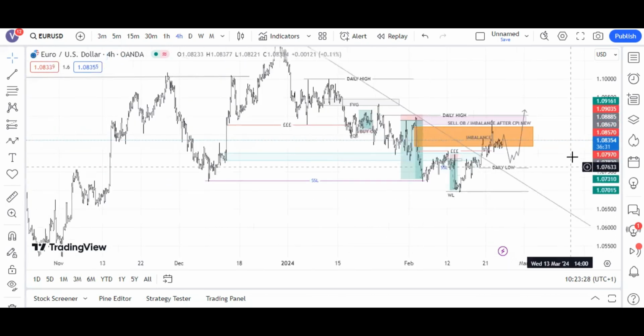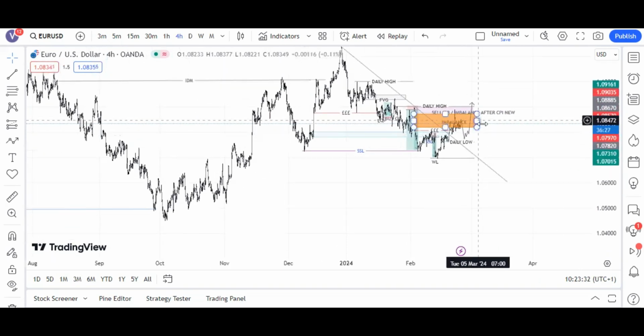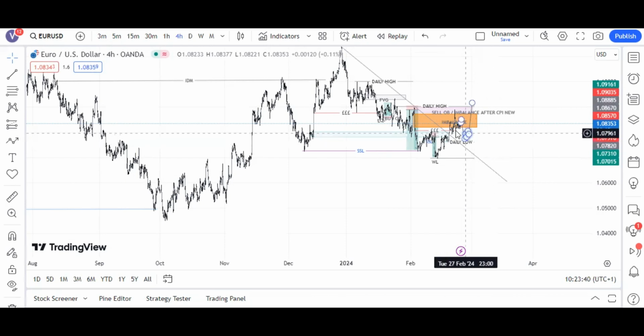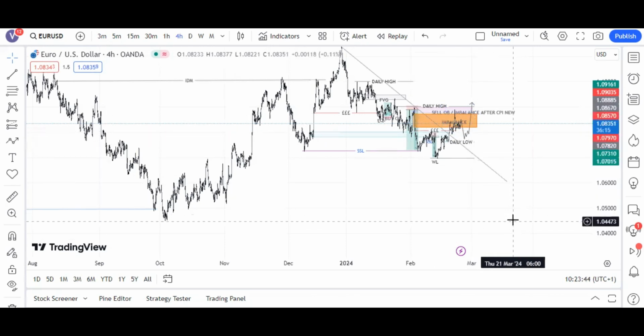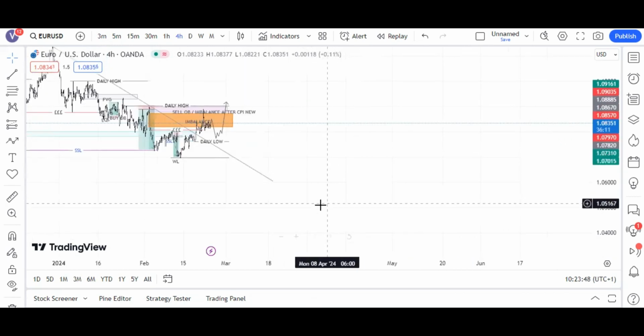Today, I am saying, although I'm expecting price to sell off, I don't know when, maybe later this year or next year, I was anticipating price to sell to parity. Parity means equilibrium, like equal ground.